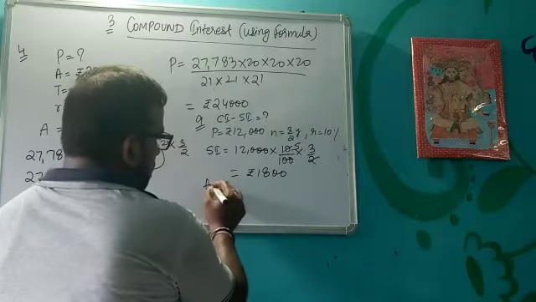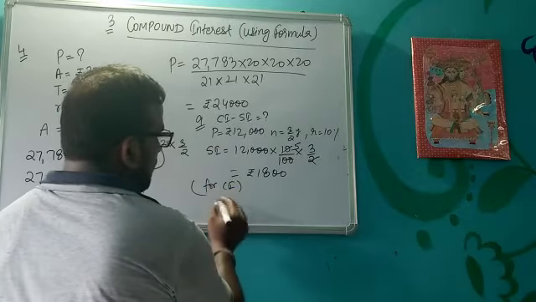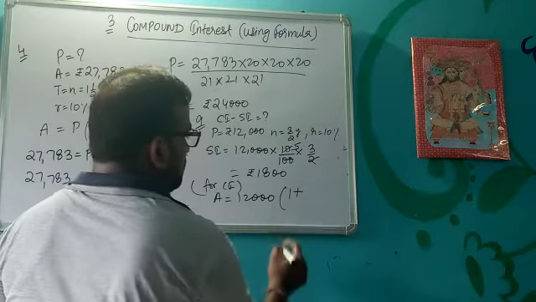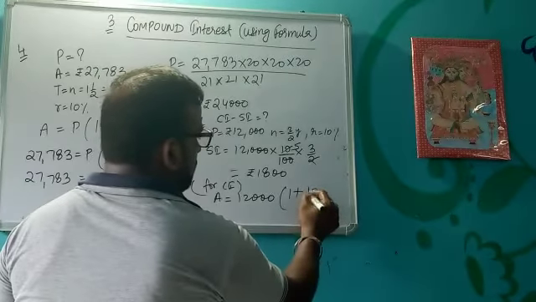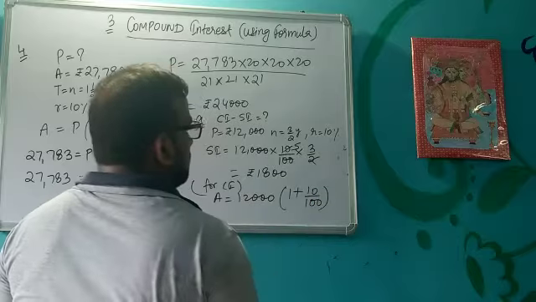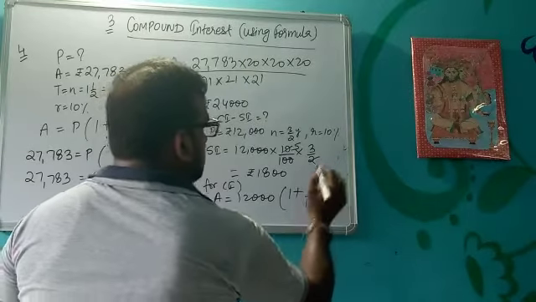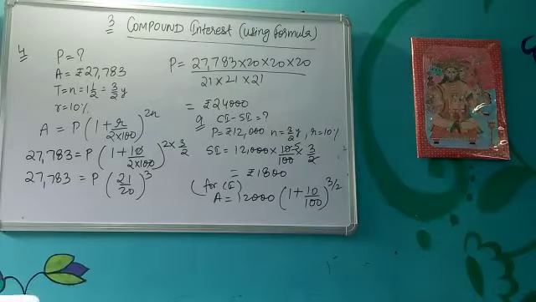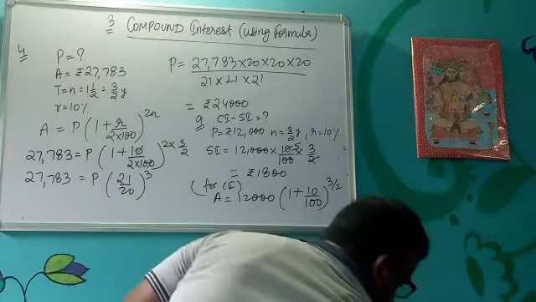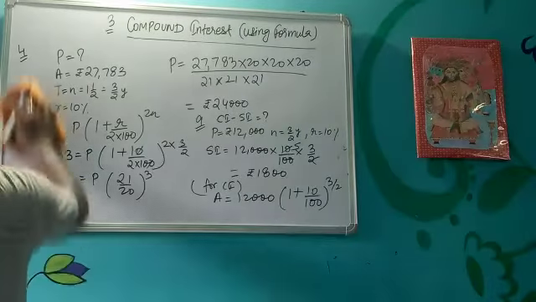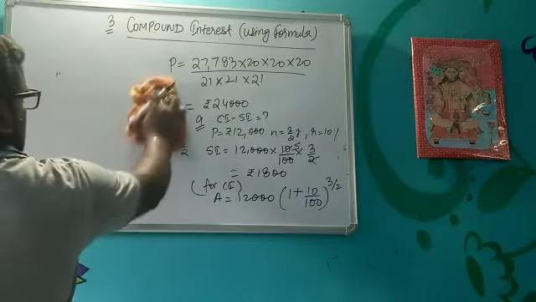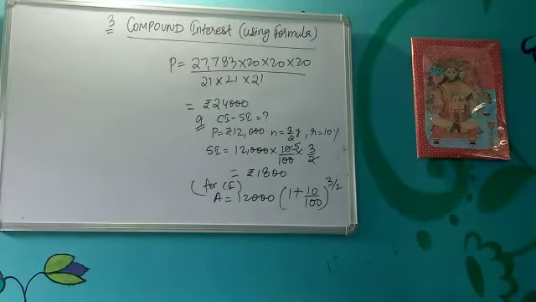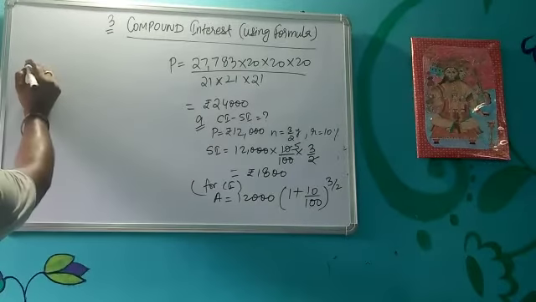Then for CI, we will calculate amount is 12,000 into 1 plus how much is there? 10 upon 100 to the power 3 by 2. Okay, so like we have solved previously, so we will solve it.